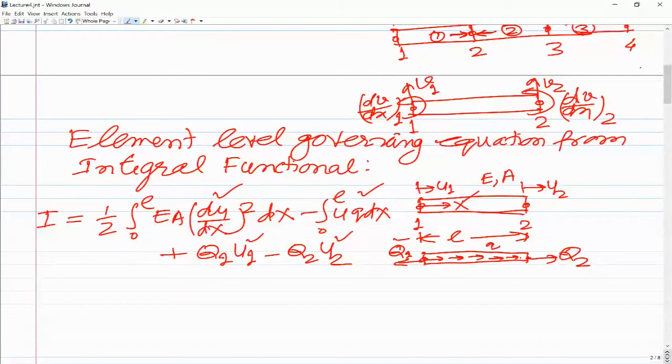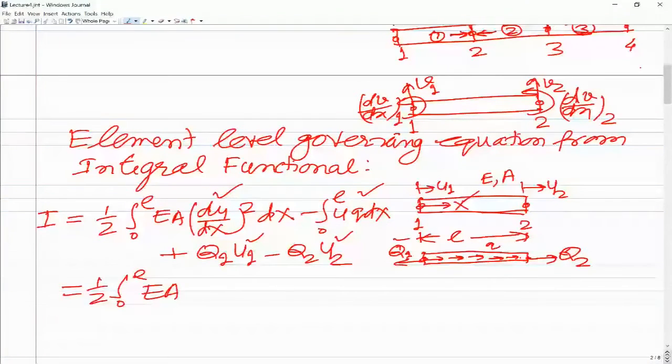Since we are going to substitute the approximation for u in terms of products of vectors and matrices, we write this in the form in which the product is defined. So this is half integration 0 to L of EA, and du by dx is a scalar quantity, which is actually epsilon xx, the strain along the x direction.